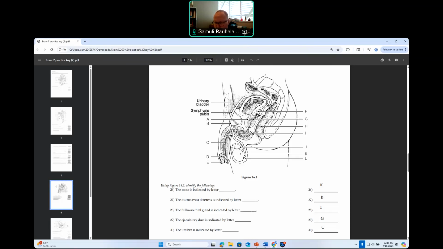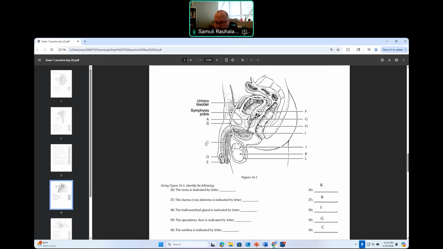And recall, excessive prostate growth was something that affected many older men. That could cause these tubes to be constricted and urine no longer flows through as easily, so emptying the bladder becomes harder. And we also often see issues that impact sex life. So from this point, where both urinary and reproductive systems share the tubes, we talk about the urethra. This is shown as letter C and also captured in question 30.